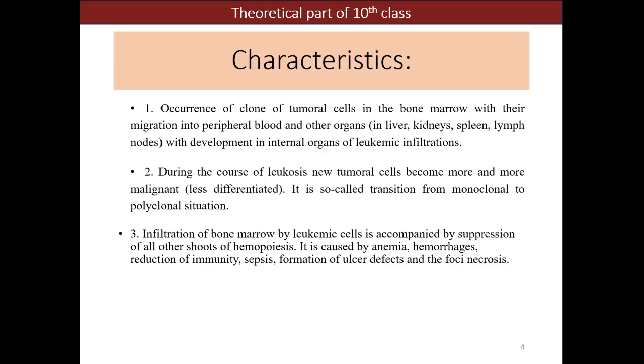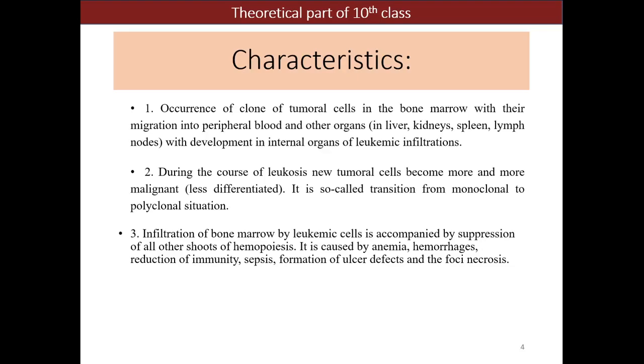Infiltration of bone marrow by leukemic cells is accompanied by suppression of all other lineages of hematopoiesis. It causes anemia, hemorrhages, reduction of immunity, sepsis, formation of ulcers and defects, and foci of necrosis in the internal organs.